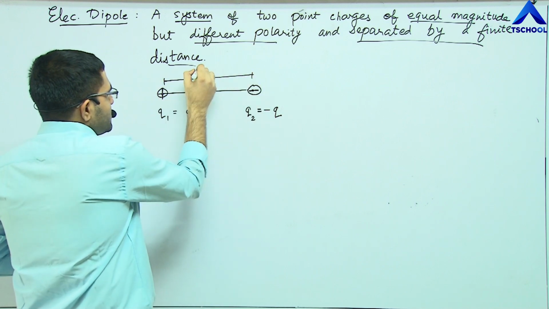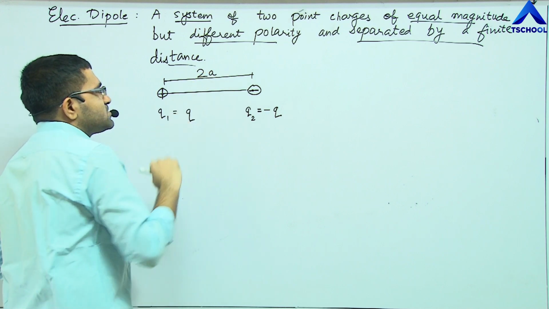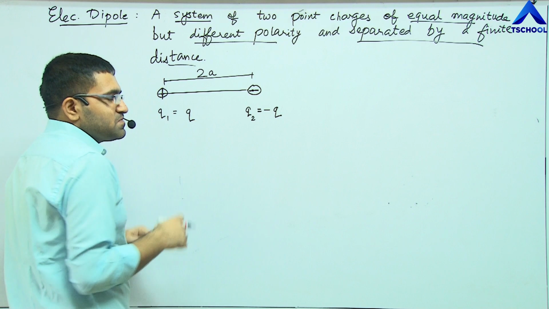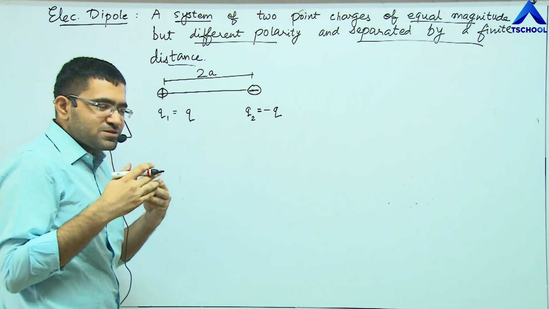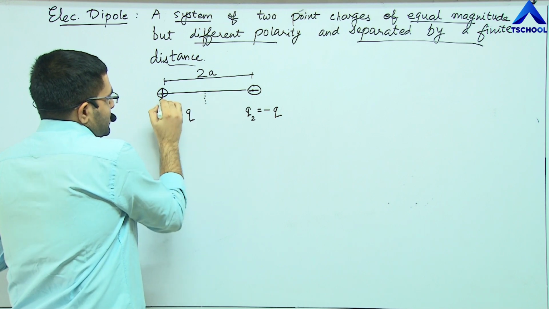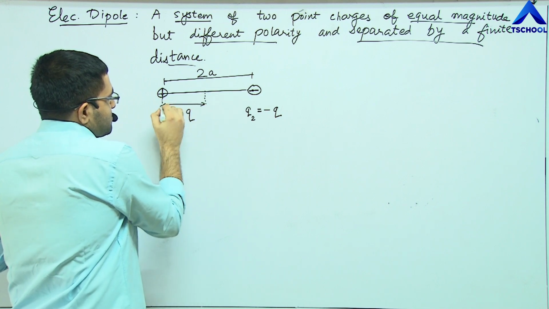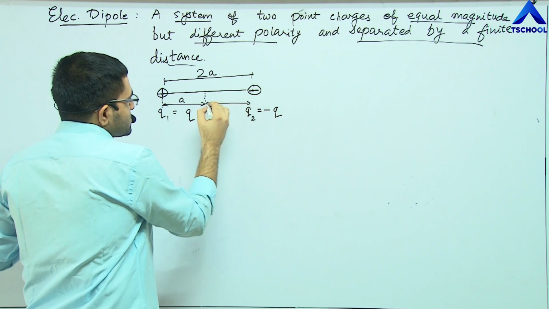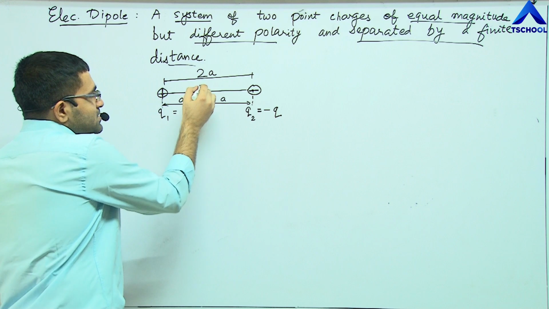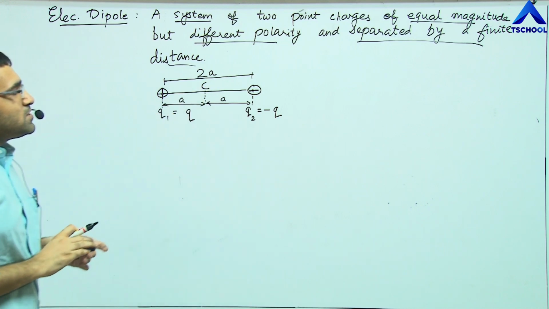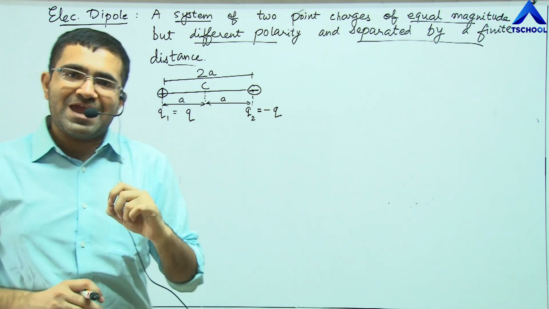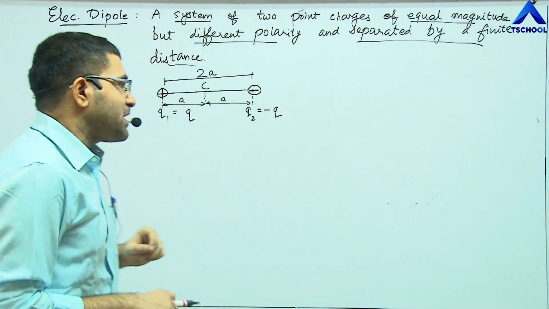Now conventionally we tend to write this distance as 2a, that is double of a. So obviously that would mean if we take the midpoint and divide this distance into two, you have a each. So from the center of the dipole, C, the distance of each charge is a, the total distance being 2a, right?